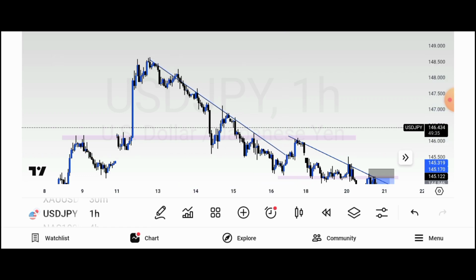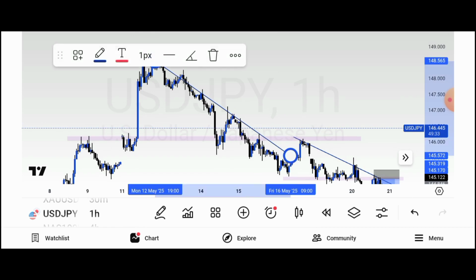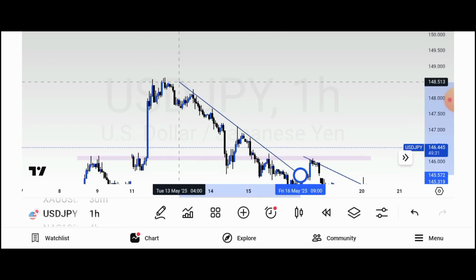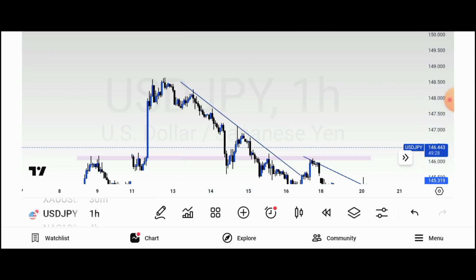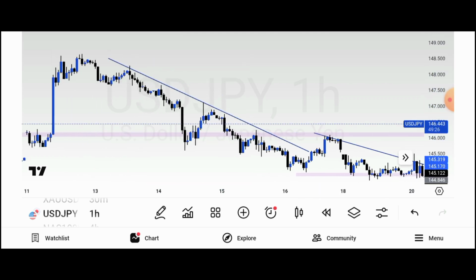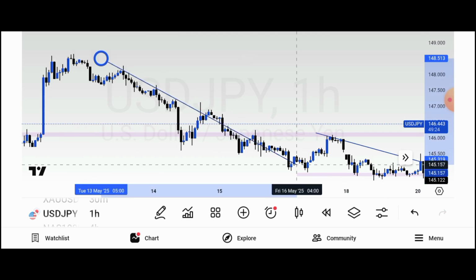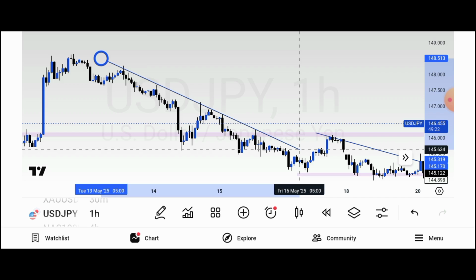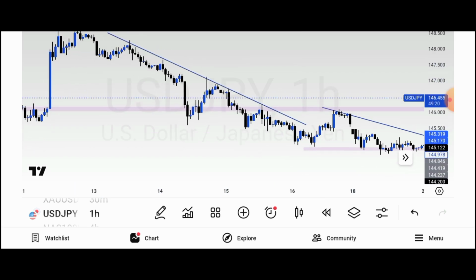So assuming the trend line is not balanced, remember your trend line must touch at least two highs in a downtrend like this.